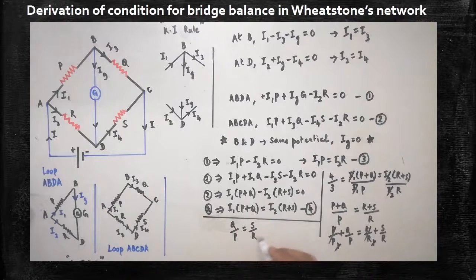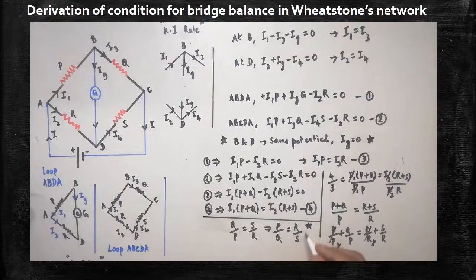Per the textbook, we can write P by Q is equal to R by S. This is called the condition for bridge balance.